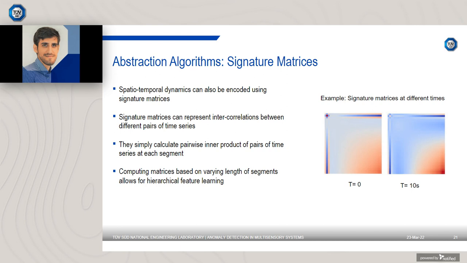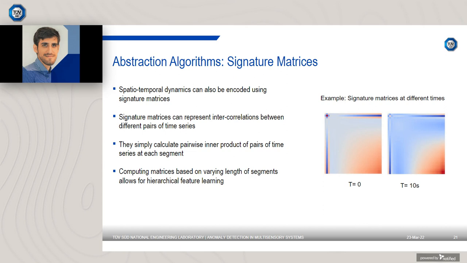If you look at the figure, we can see that at time 0, we have a signature matrix of the system which represents spatial information at a specific time step. When we look at time 10, of course it's a window, so the graph is extracted from a window of time steps, not just one specific time step.